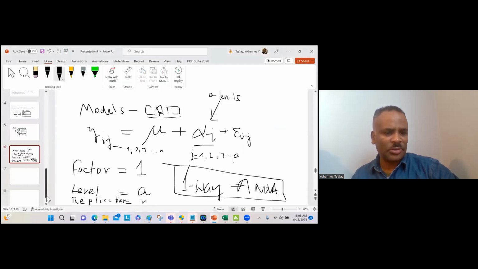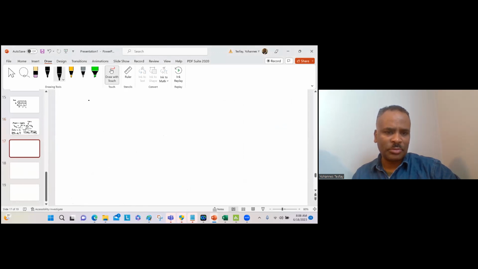Okay, let me add one more here. Randomized blocking design.